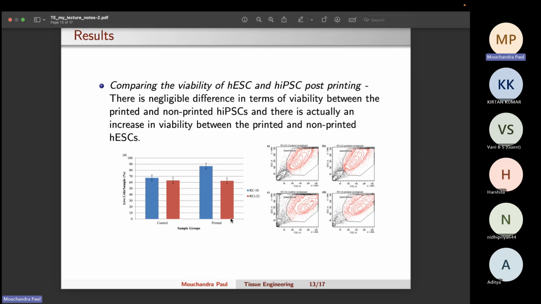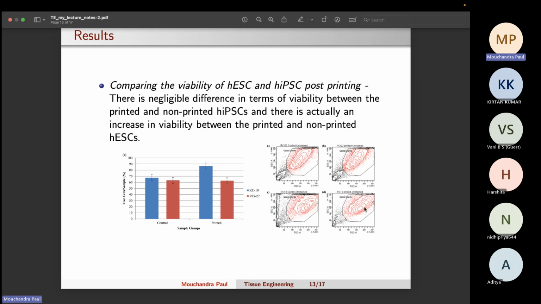And if the cells are clumped, then the supply of nutrients, etc., will be less, right? So the printing process is making droplets with homogeneous cells, meaning you can see single cells in it. Because of which the viability is increased for the printing process.